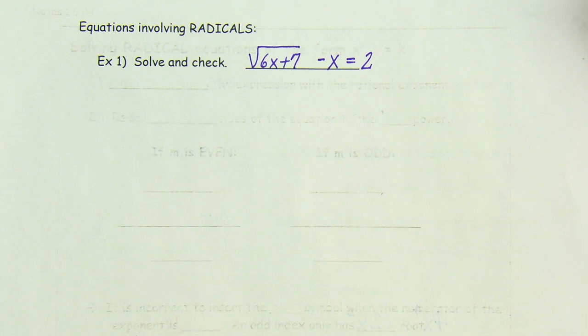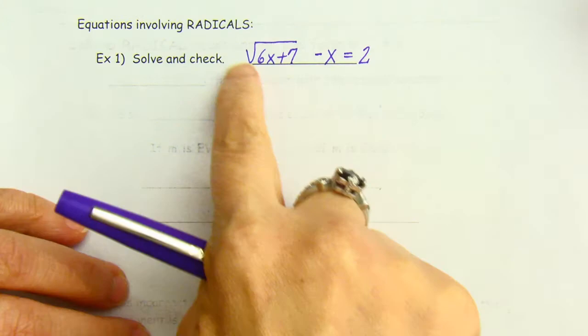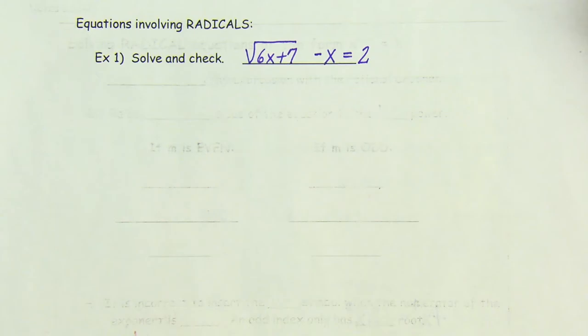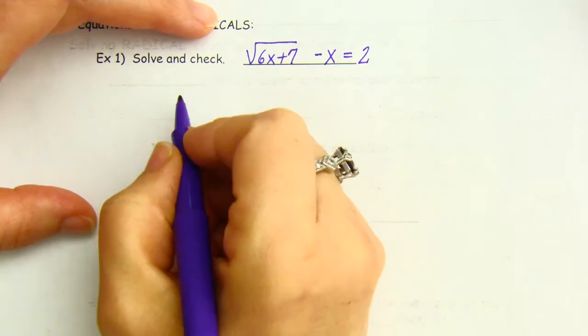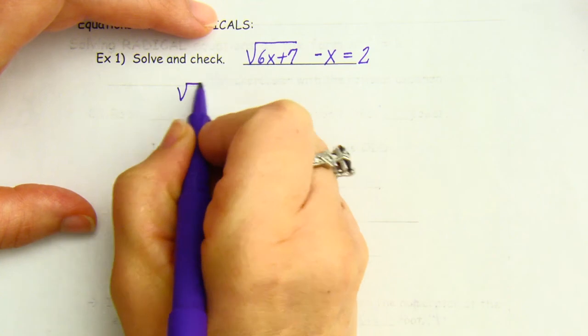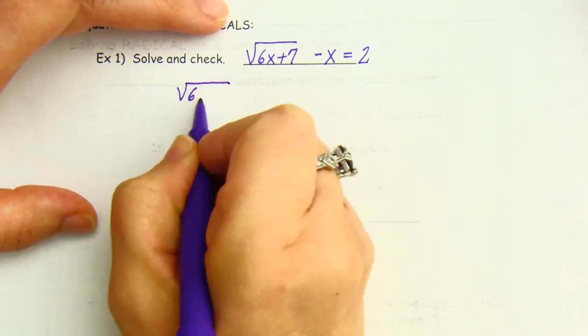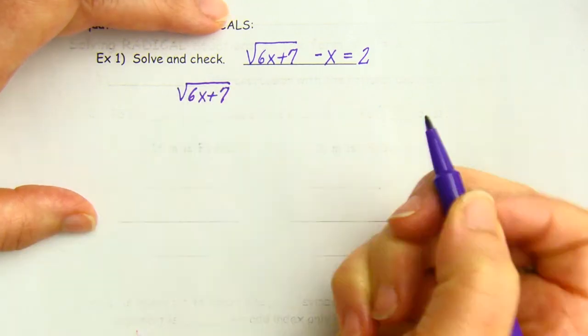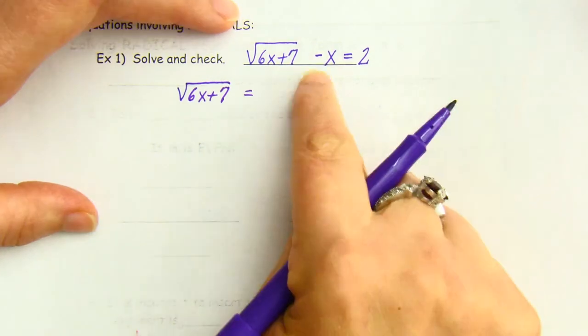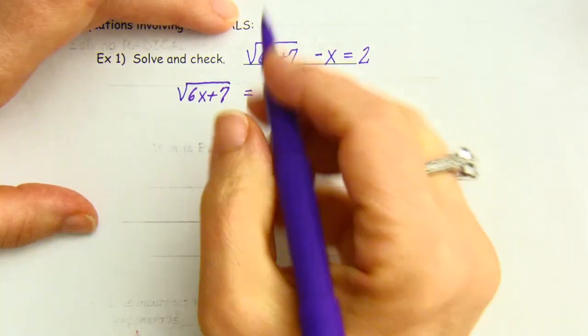So isolate, isolate, isolate first, so that you can remove how this is kind of grouped in there underneath that radical. So I'm going to write the square root of 6x plus 7 equals, when I add x, it's going to be positive over here, x plus 2.